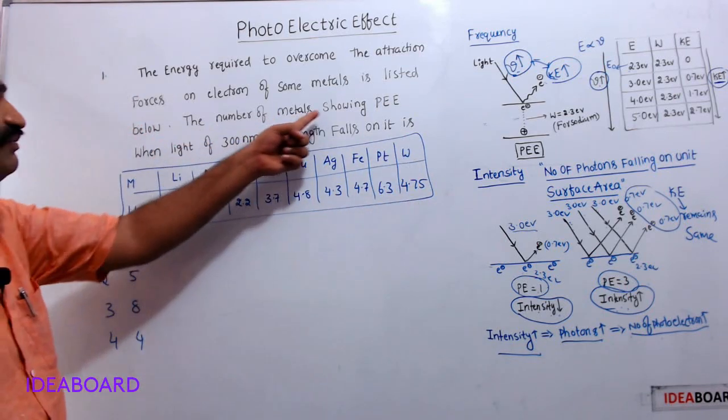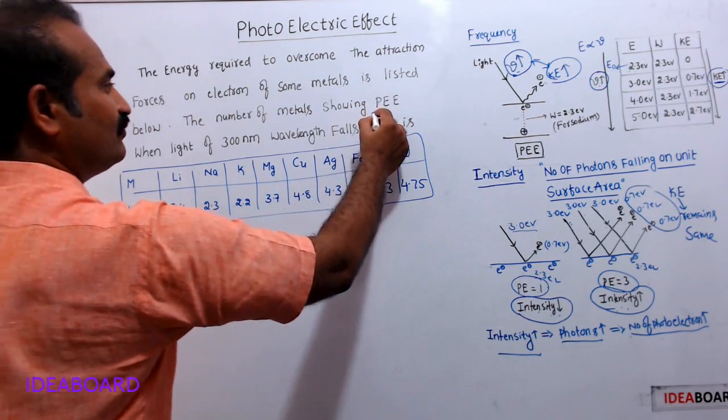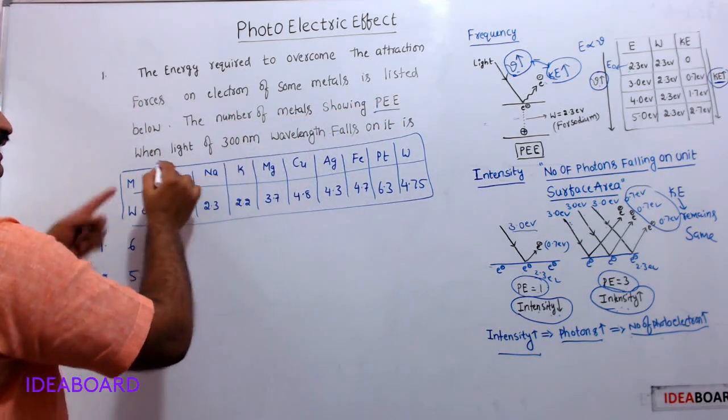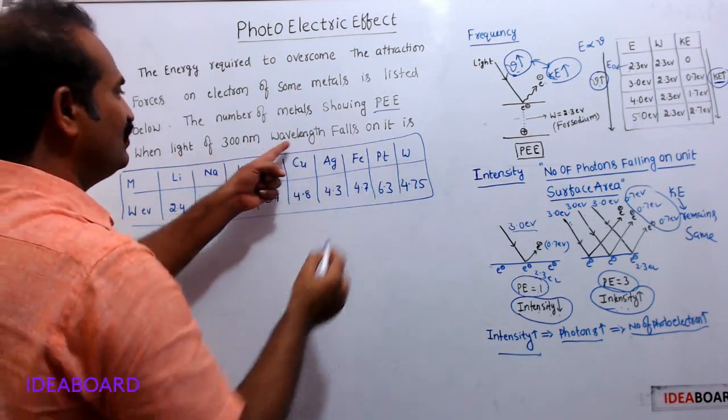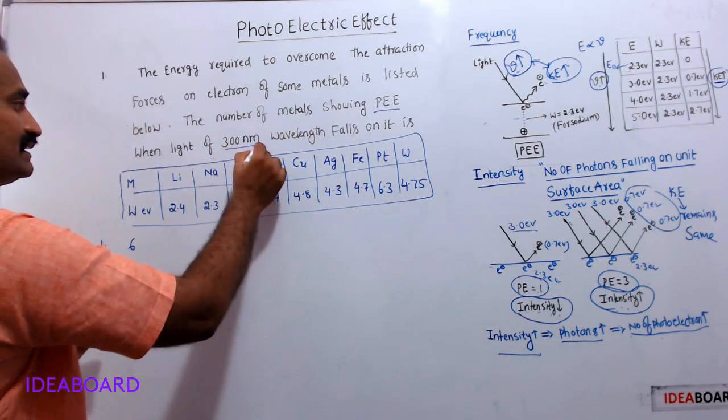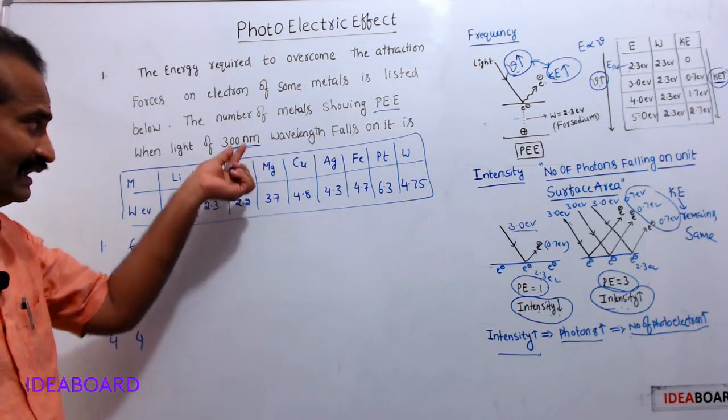The question asks for the number of metals showing the photoelectric effect when light of 300 nanometer wavelength falls on them.